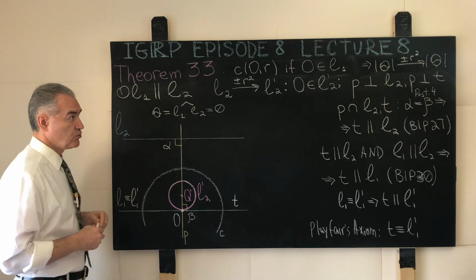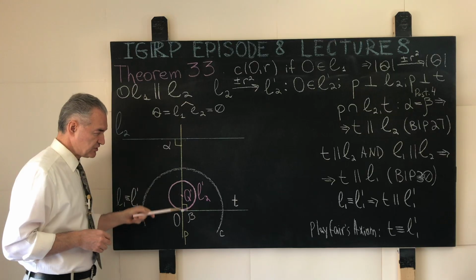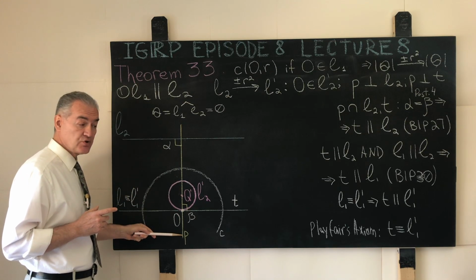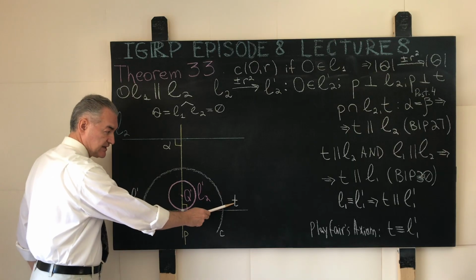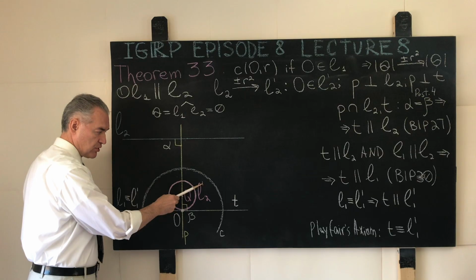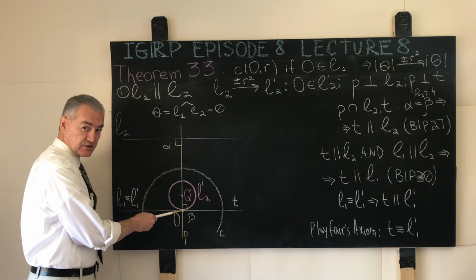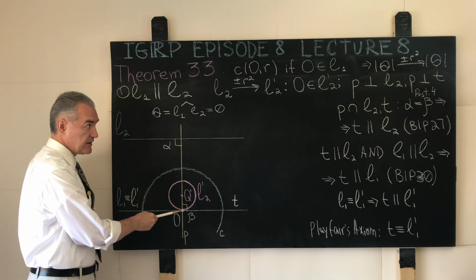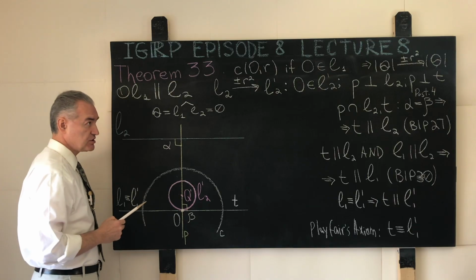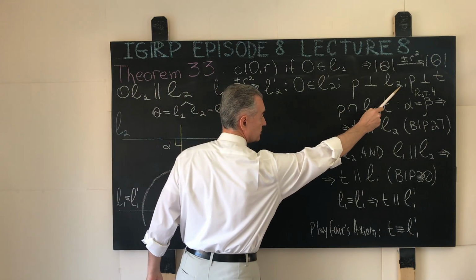As such, we prove that the straight line of centers, lowercase p, must be perpendicular to the tangent named T to the image circle L prime 2 through the center of inversion, and by the construction, it is also perpendicular to the straight line L2.